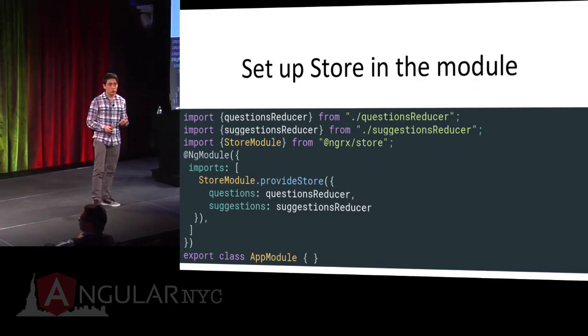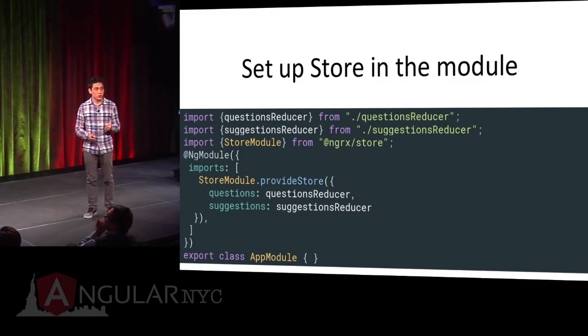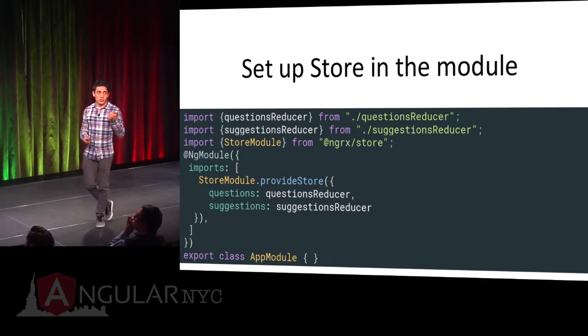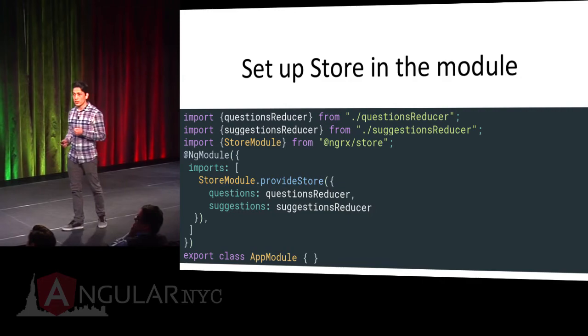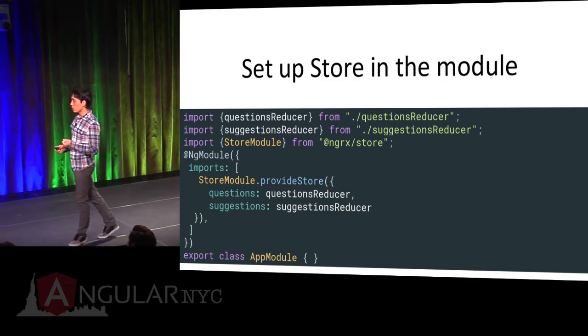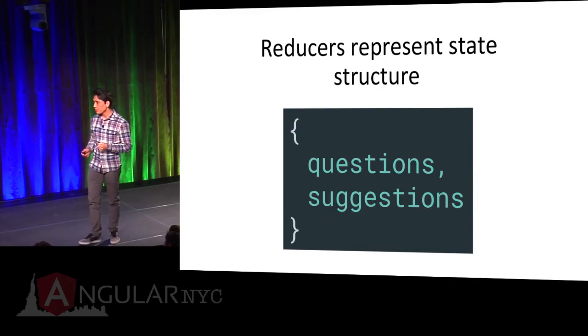We can also have multiple reducers, and different reducers will handle different parts of your state. So this object inside of provide store represents the future structure of your actual state. So your state will have a structure of questions and suggestions.